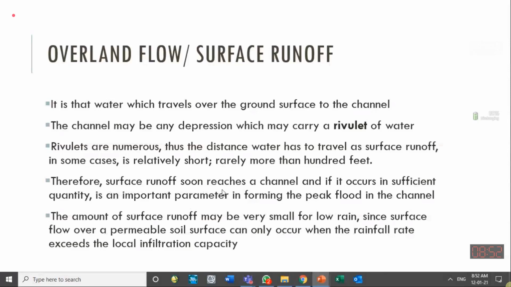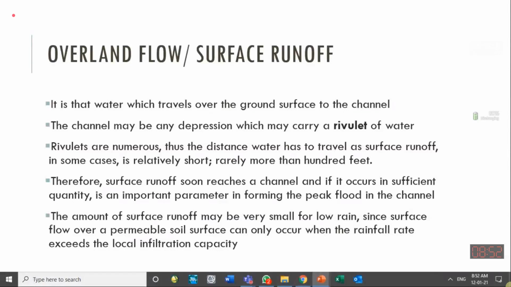Therefore, surface runoff soon reaches a channel, and if it occurs in sufficient quantity, it is an important parameter in forming the peak flood in the channel. So if the surface runoff is in sufficient quantity, then it causes the peaks in the channel flow hydrograph, and usually the flood occurs when surface runoff is joining the channel.